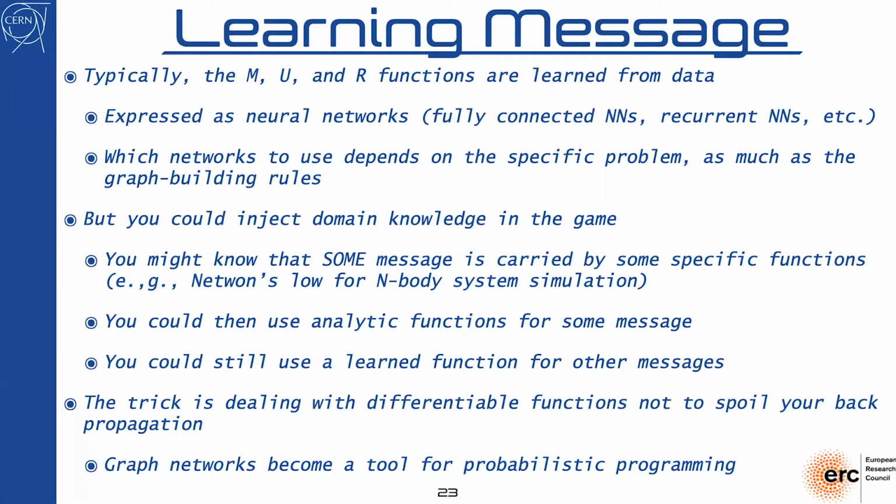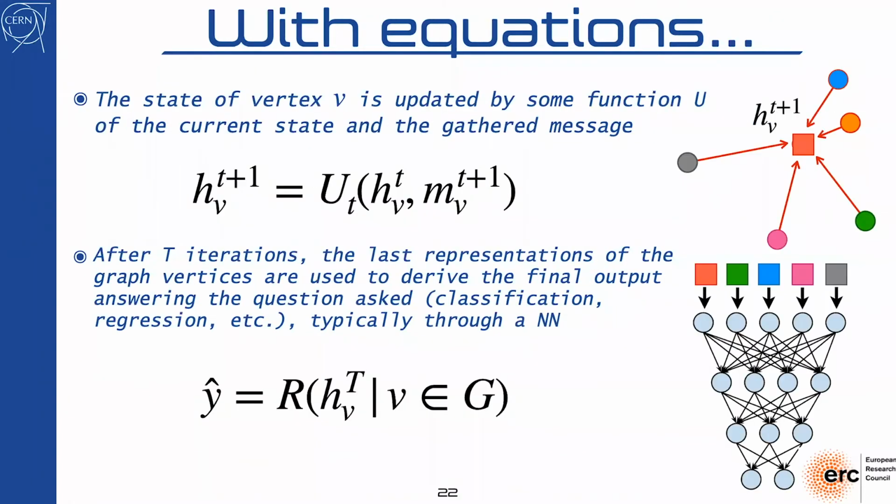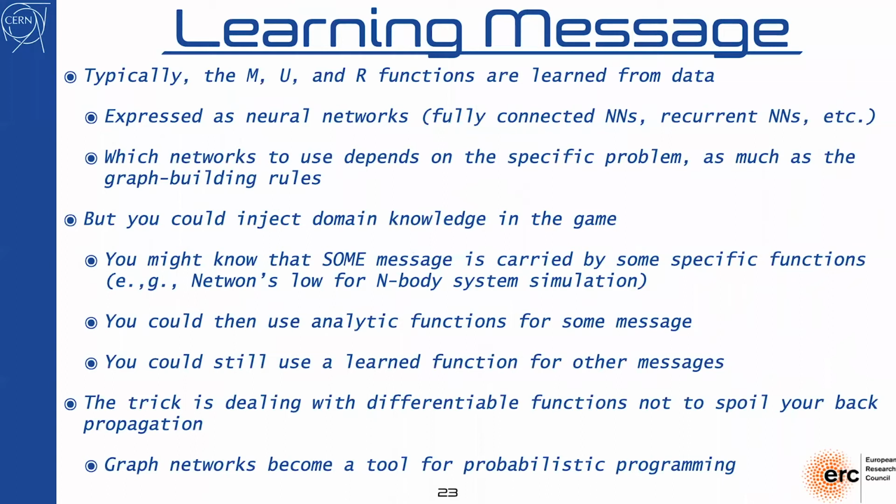Okay? So in this example, M, U, and R, so M that builds the message, U that builds the new representation of a given vertex from previous information and the message, and R that solves the task, you express them as neural networks. You don't have to, but you could.